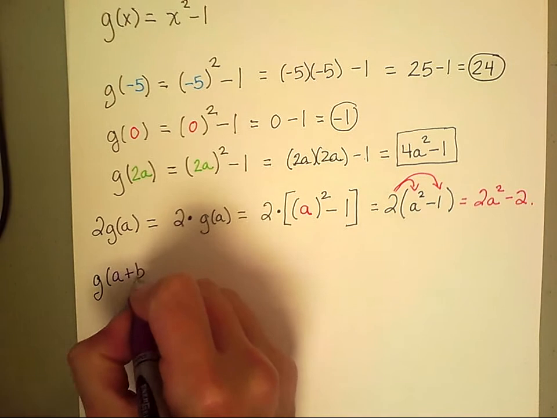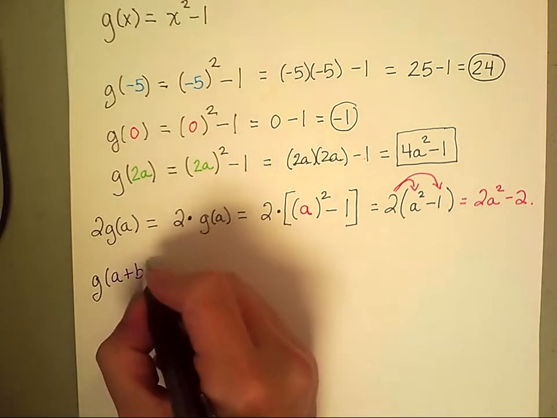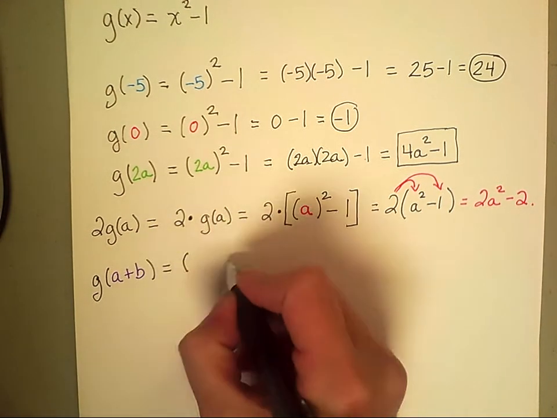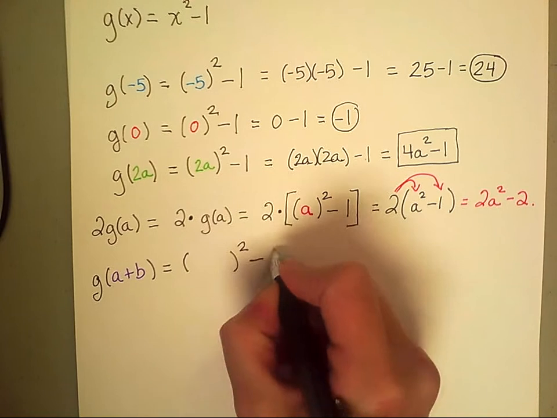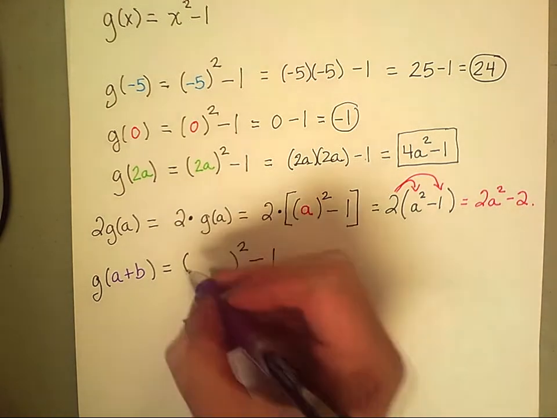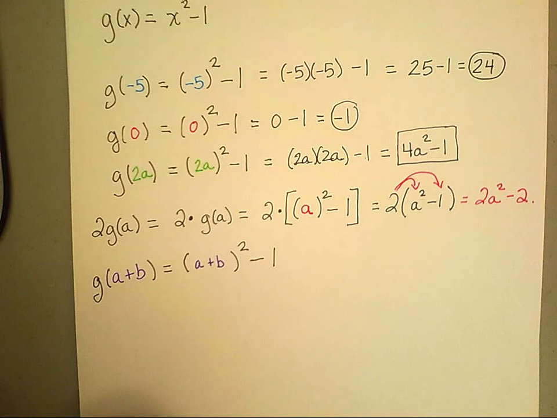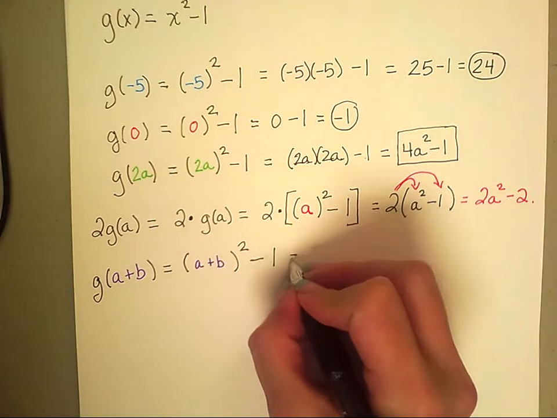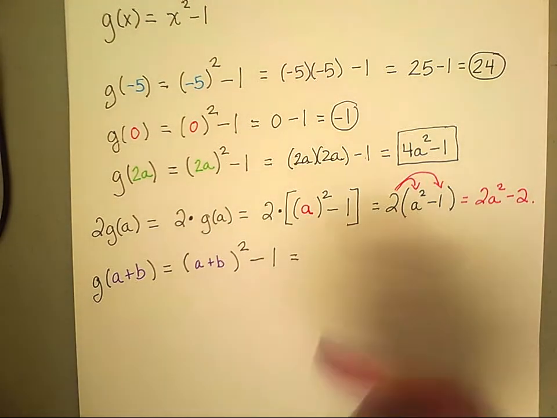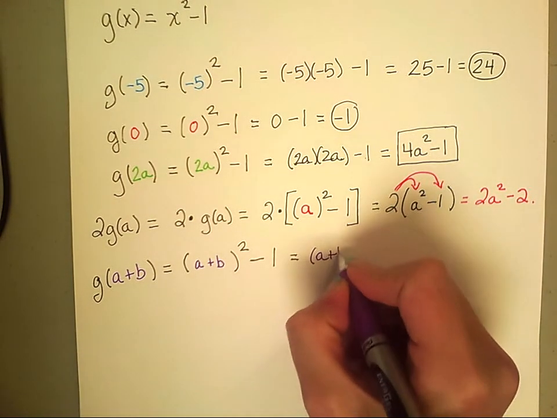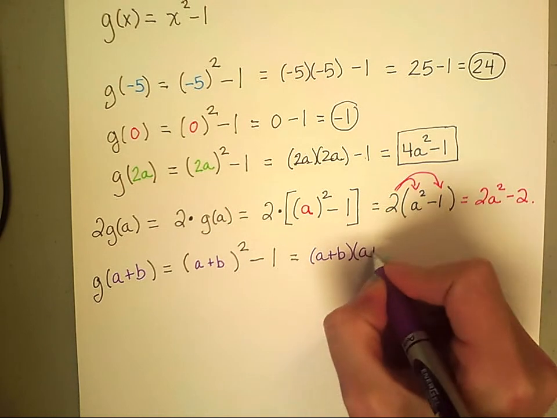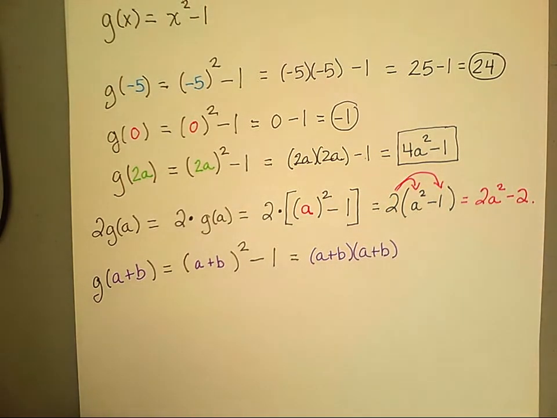What if I wanted to add a and b? Well, then the form stays the same. Something squared minus 1, and our something is a plus b. Again, so we don't get ourselves confused, remember that's a plus b times a plus b, and then we'll subtract off 1.